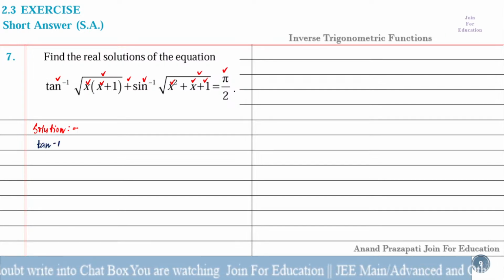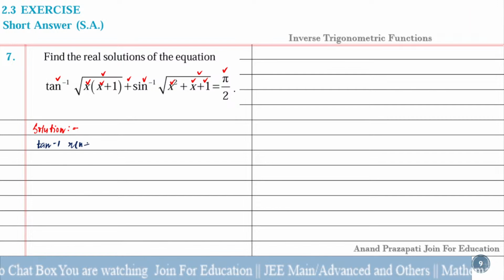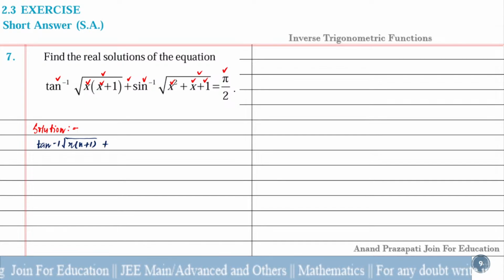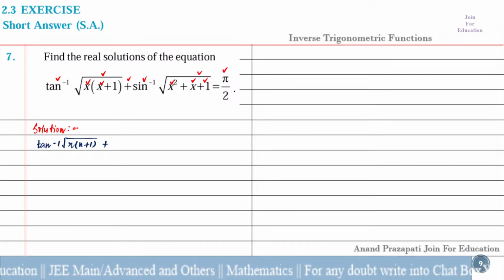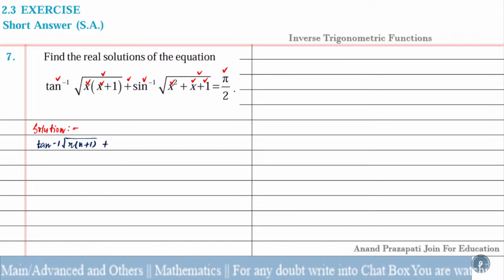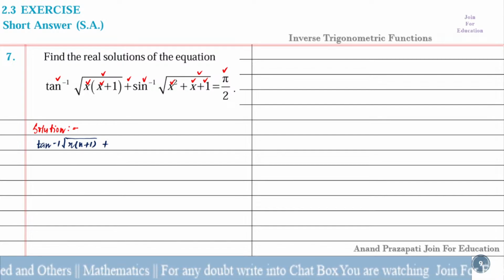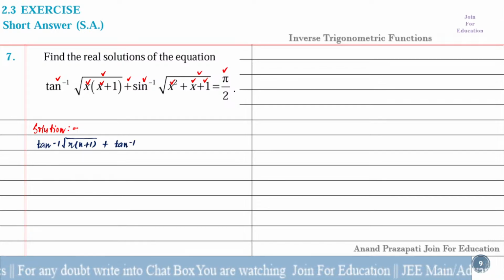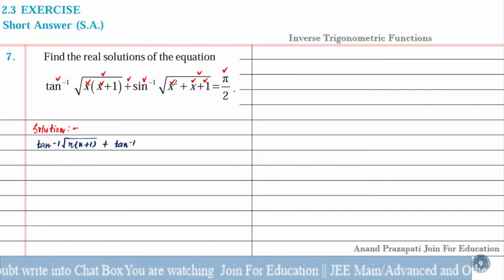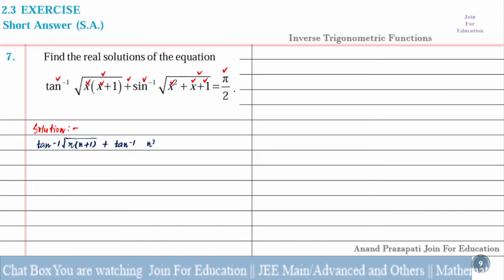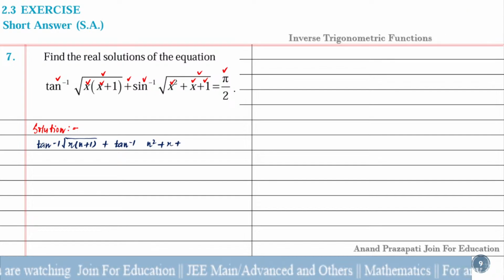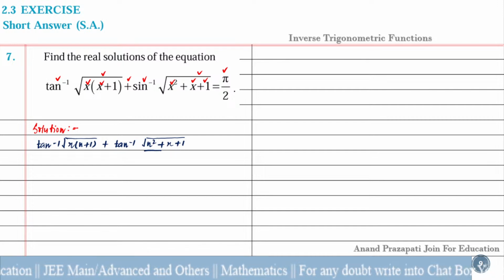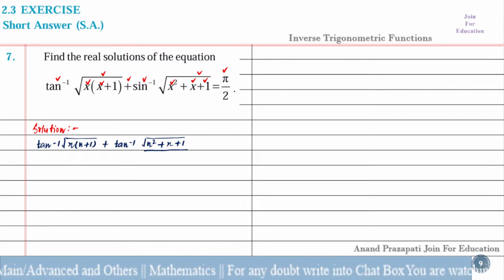Tan inverse of x into x plus 1 over root, plus we convert this sin inverse into tan inverse. So we know that sin theta equal to p by h and tan theta equal to p by b. Therefore here will be tan inverse p by b. It means p is x square plus x plus 1 over root, and h equal to 1.